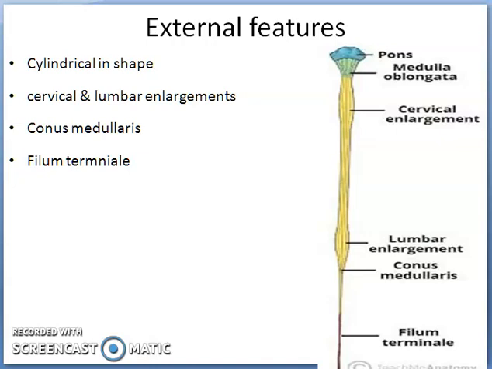The spinal cord externally is cylindrical in shape with two enlargements. Its lower end is called conus medullaris, and below the conus medullaris there is what is called filum terminale.